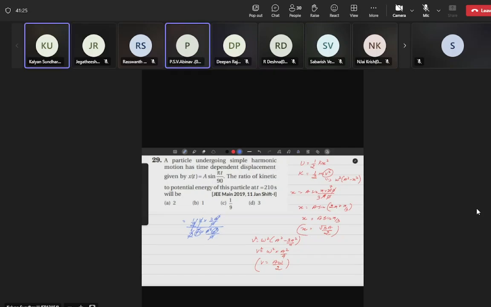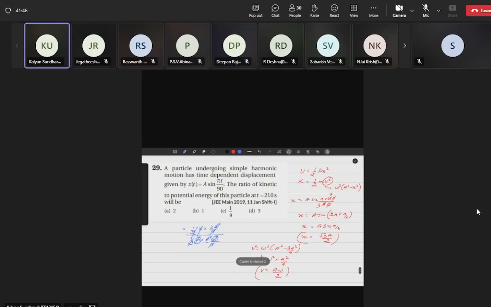But the options don't have it itself. It is not there. I guess they have given the wrong options for this. 1 by 3.